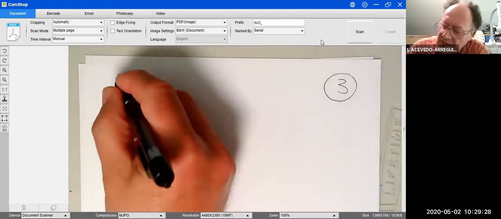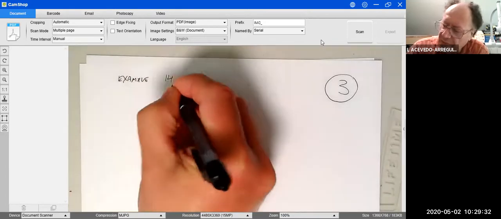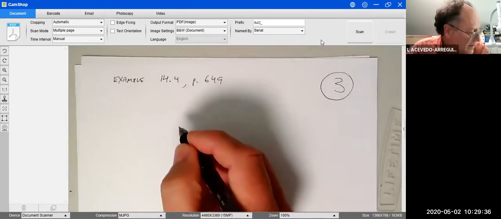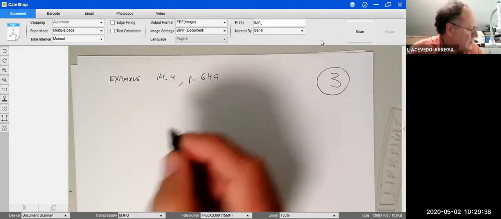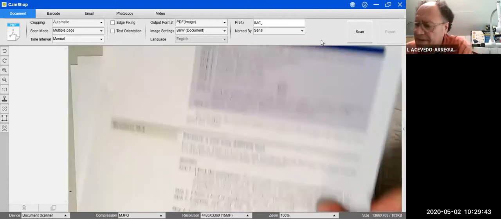So we're going to work example 14.4 on page 649. Let's just read the example first.